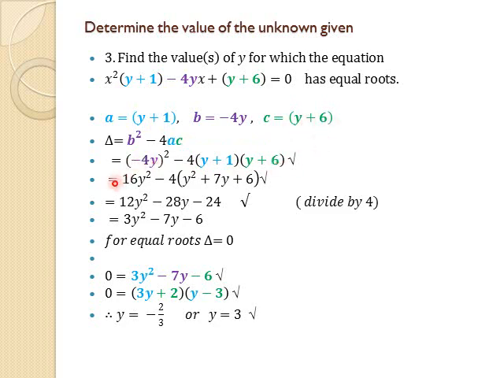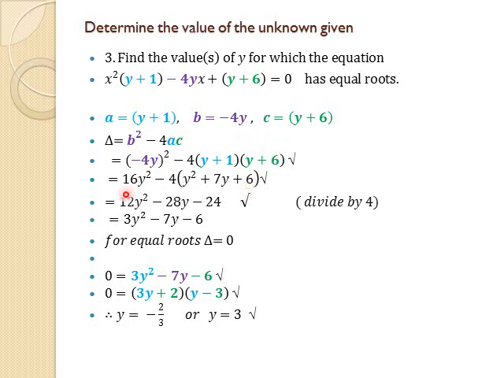Negative times negative, positive. 4 times 4, 16. y times y, y squared. Minus 4, first multiply those two brackets out. So y times y gives me y squared. 1y. If I take the two furthest ones, 6y. So 6y plus 1y gives me 7y. 1 times 6 gives me 6.